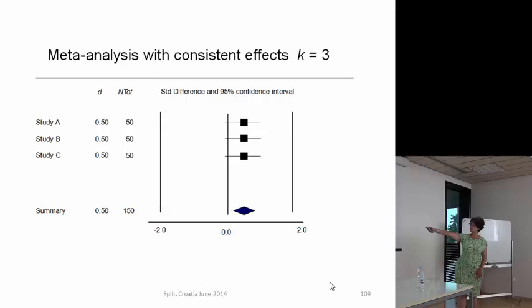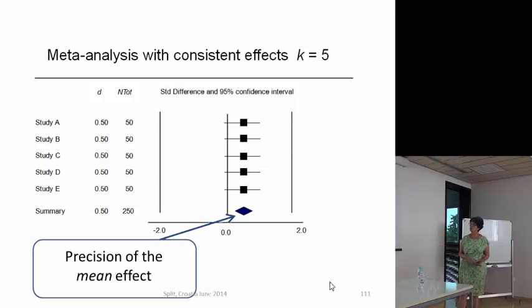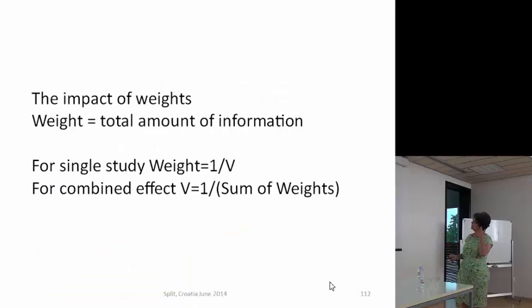See what happens to the confidence interval? As we combine studies where the effect is identical or consistent, except for sampling error, we get a more and more precise estimate of the mean effect. Here the mean hasn't changed at all, but our confidence that that's the true representation of the mean of the population has increased considerably.